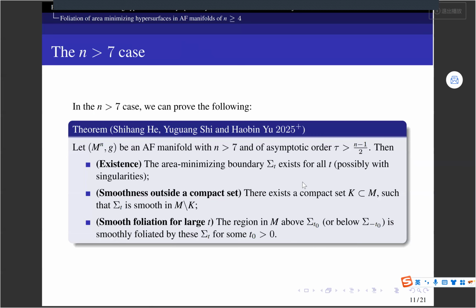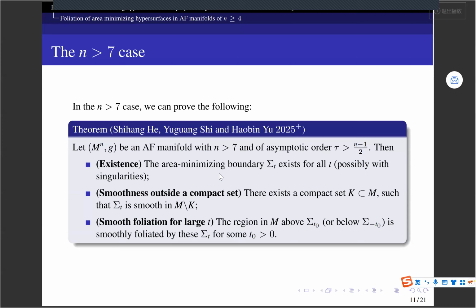And next, I would like to say, although the main result was proved assuming a dimension restriction between 4 and 7, due to the restriction of the regularity theory for minimal hypersurfaces, it can also be extended to higher dimensions if you allow the minimal surface to possess singularity.